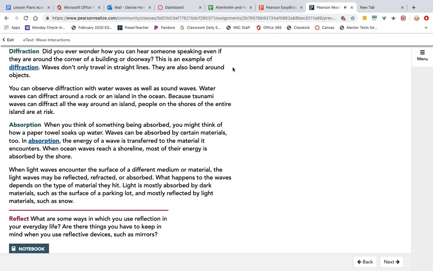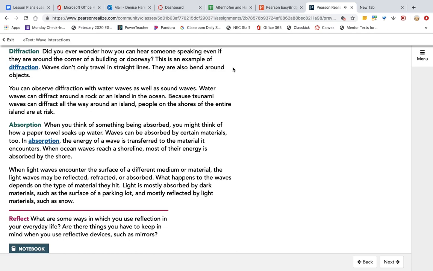Absorption. When you think of something being absorbed, you might think of how a paper towel soaks up water. Waves can be absorbed by certain materials too. In absorption, the energy of a wave is transferred to the material it encounters. When ocean waves reach a shoreline, most of their energy is absorbed by the shore.